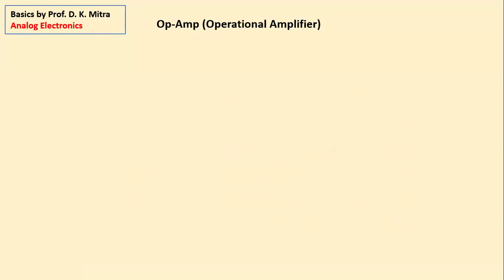It was found that many complicated discrete circuits can be easily designed by using op-amps. So it is useful for many operations. That's why it is called operational amplifier, or now very shortly, op-amp.